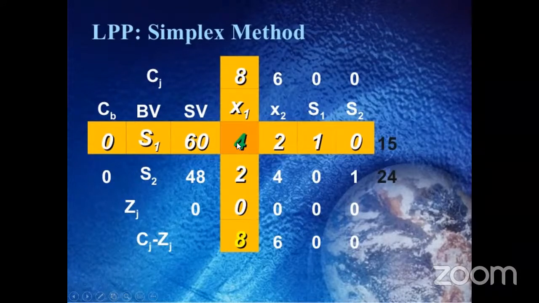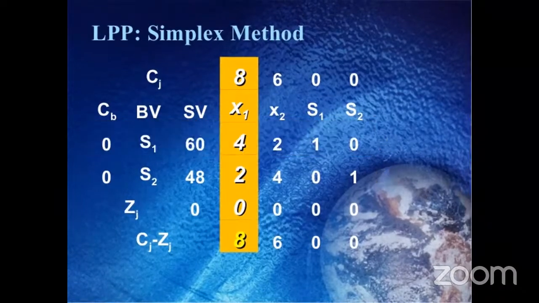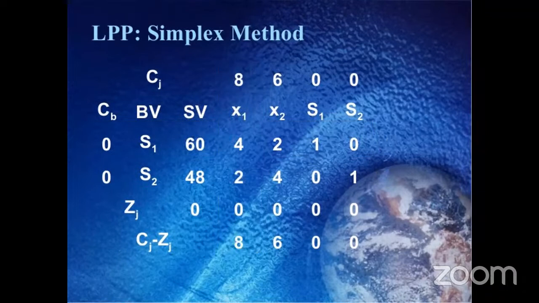I'm going very slow so that you people understand. Any doubt you can clarify immediately, no problem. We'll go back once again. What we did: first we took Zj as 0 because the coefficient of basic variable is 0.